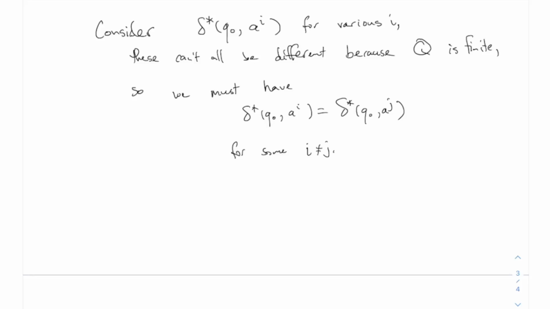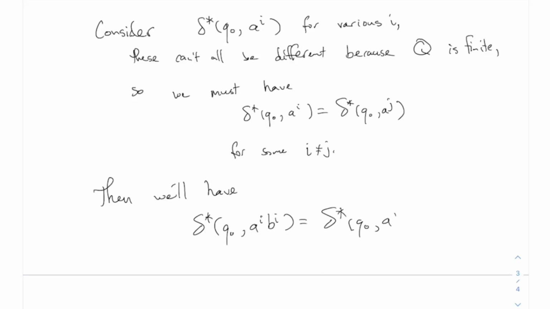And now I would like to consider what happens if I follow the string. So I was just doing A to the I. Now let's do B to the I right after that. What this means is then we'll have delta star of Q naught, A to the I B to the I, must be the same as delta star of Q naught, A to the J B to the I. That's because I said after you do A to the I and A to the J you end up at the same place.